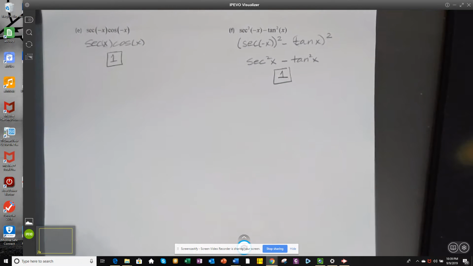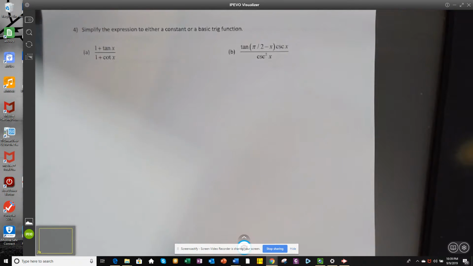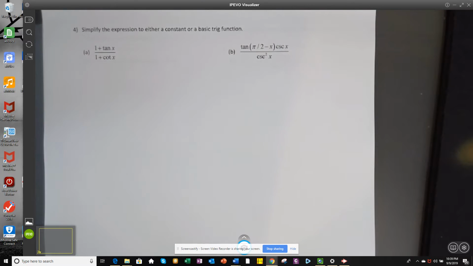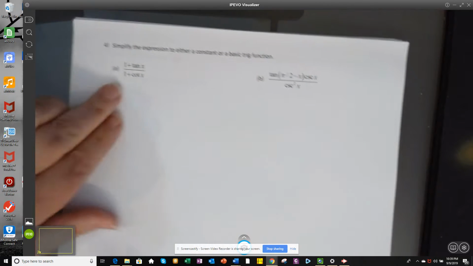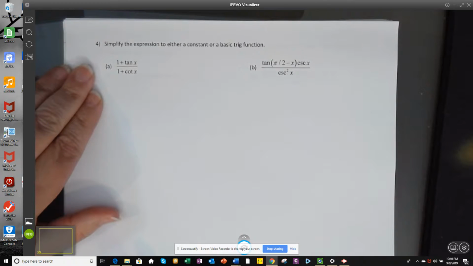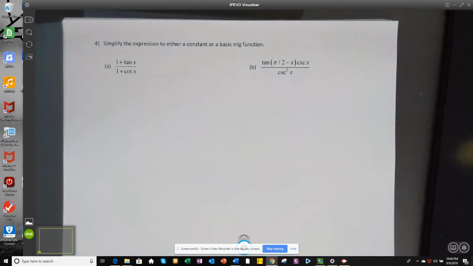Okay, moving right along. Another example. Now, we're going to simplify this expression to either a constant or a basic trig function. That means it's going to be a sine, a cosine, a tangent, or a singular trig expression.